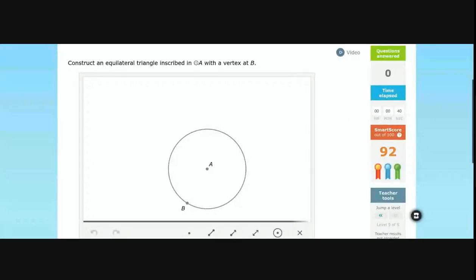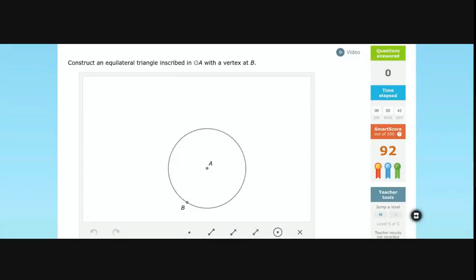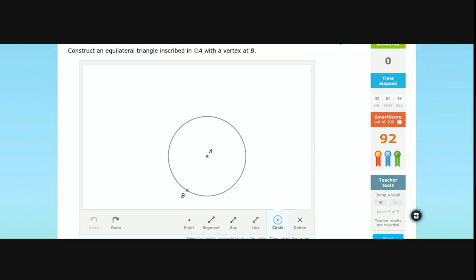Looking at another example, we are constructing an equilateral triangle that needs to be inscribed, which means within circle A, and have a vertex at point B. We have multiple ways that we can go ahead and construct an equilateral triangle, one of which is drawing a line from point B to point A going through the circle, looking at what now is the diameter of circle A. From here, we can create 2 additional circles, which will create 3 congruent circles, all having equal or congruent radii.